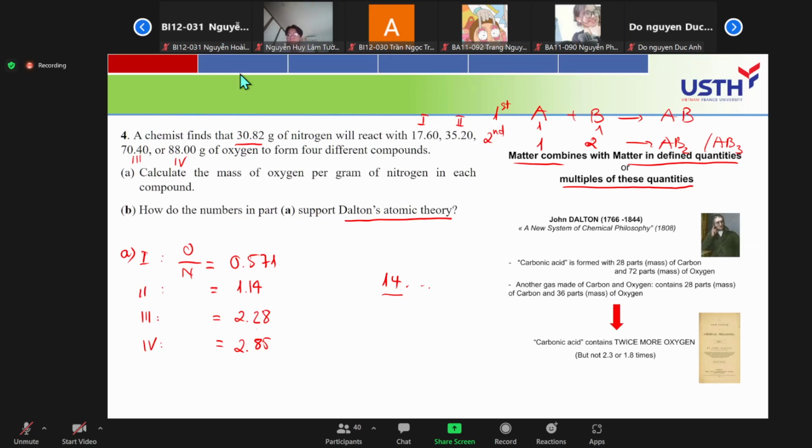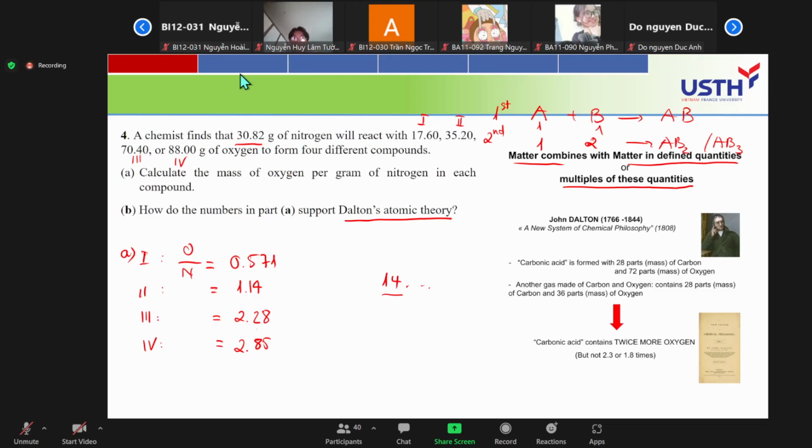So the question B: how do the numbers in part A support Dalton's atomic theory? As I explained, in Dalton's theory, if A reacts with B to form AB in the first case, and in the second case A reacts with B to form another compound, the amount of B in the second case will be an integral multiple of the amount of B in the first case.